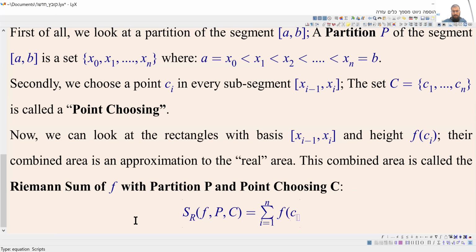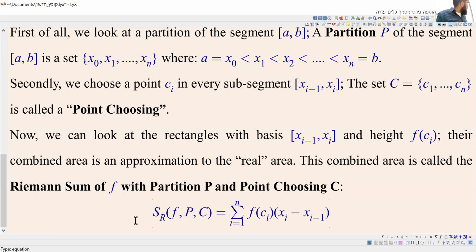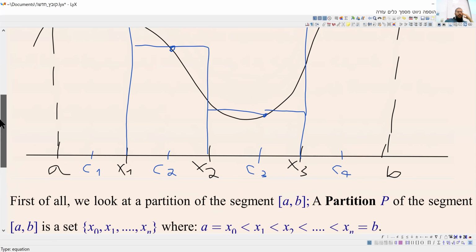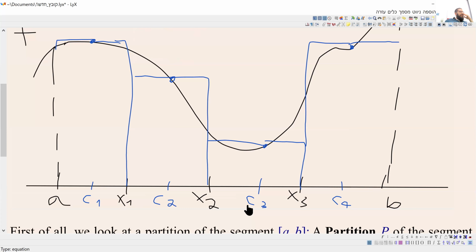So f(ci) is the height, and xi minus x(i-1) is the length of the base. And this area, yet again, is an approximation of the real area. This is our first step, having an approximation. Now the next step should be operating some limit in order to define the real, the actual area between the graph and the axis.